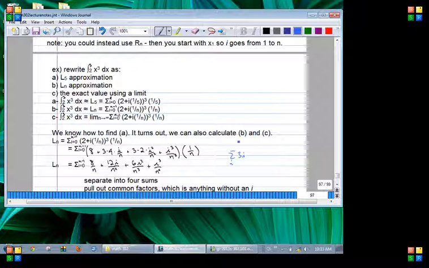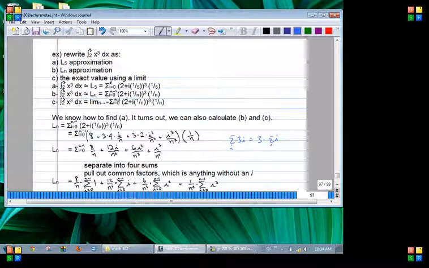So we can pull out the 3. So we can pull out everything that's the same in each term, which is anything that does not have an i in it. Because i is changing, but the other things are the same in every single term. Okay. So that's probably the most technical and abstract thing I'm going to say today.